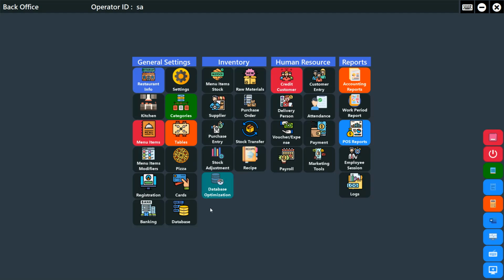For example, putting settings in the system is done by tech support. Inventory is done mostly by the manager. The manager manages that. When it comes to human resource, you have the human resource personnel responsible for that.